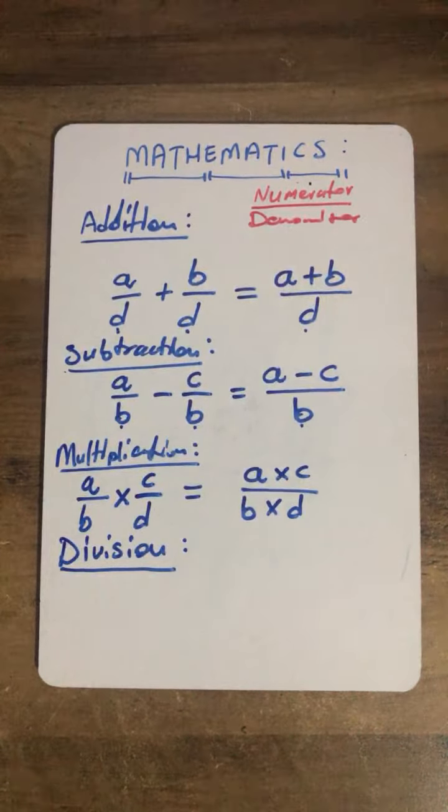So now, let us talk about when you are having A, which is being divided by B, and that is being divided by this fraction being C over D. Remember, guys, in this situation where you are having a fraction dividing another fraction, you need to convert this division sign back to multiplication.